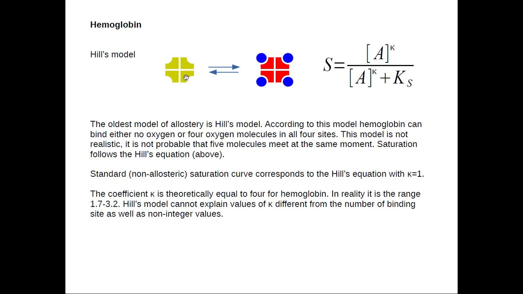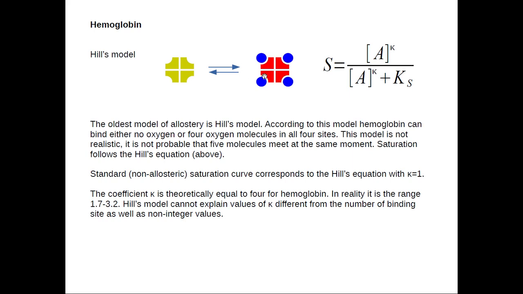So this is a hemoglobin tetramer. Each of these 4 units is an individual subunit, and they could be either without oxygen or fully loaded with oxygen. So all 4 binding sites are loaded with oxygen.